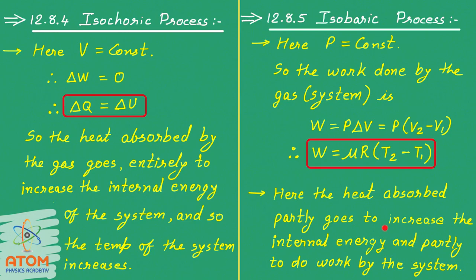One part goes to increase the internal energy, because the temperature is increasing, so obviously internal energy will be increasing, and another part goes to do work by the system. Here the work is done by the gas system. So the total amount of heat absorbed is divided into two parts: one in increasing the internal energy and one in doing work by the system.